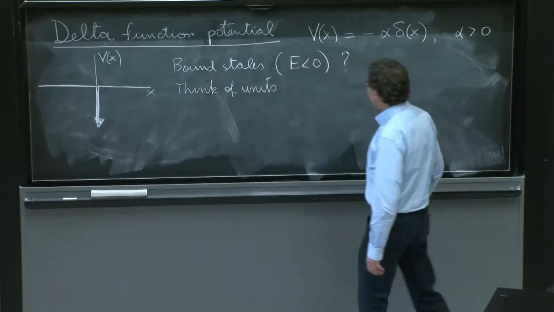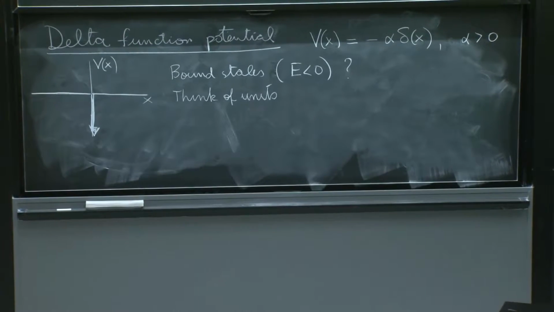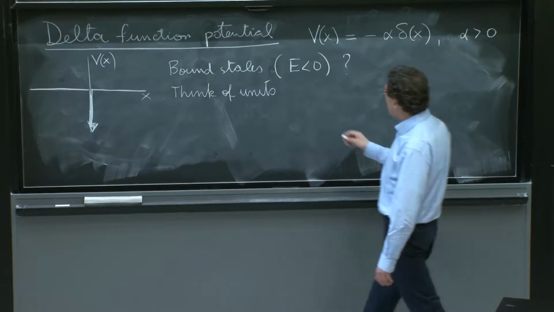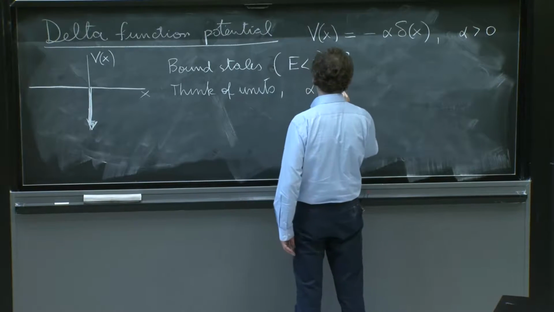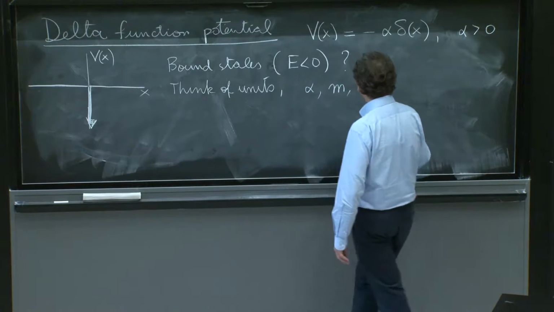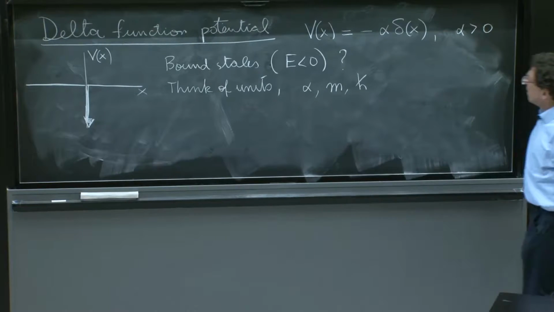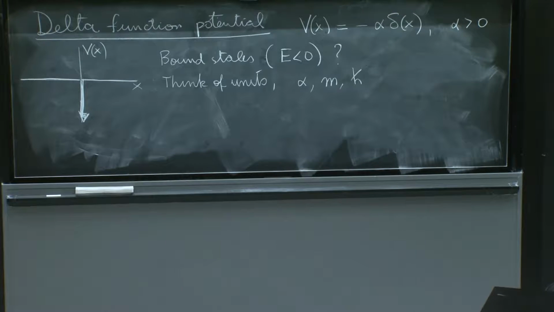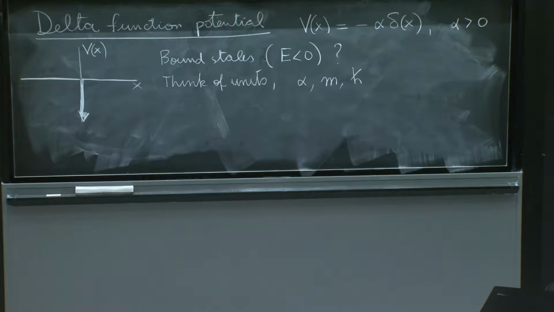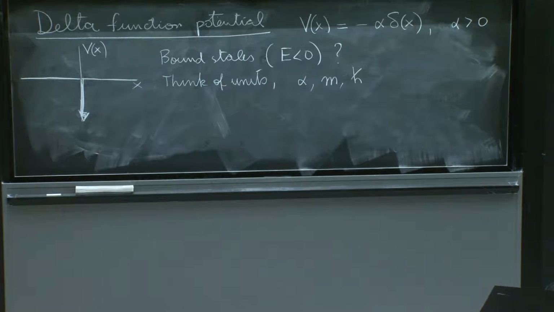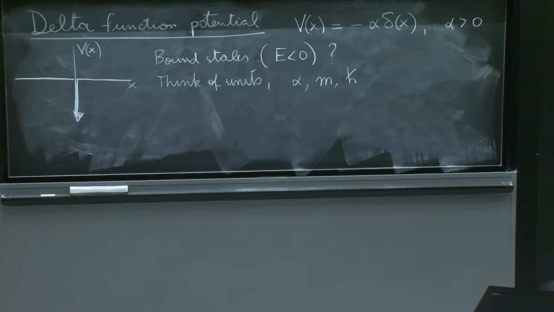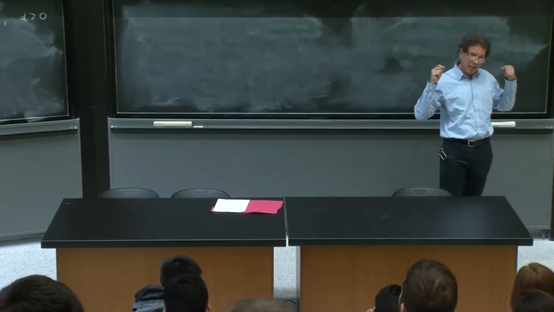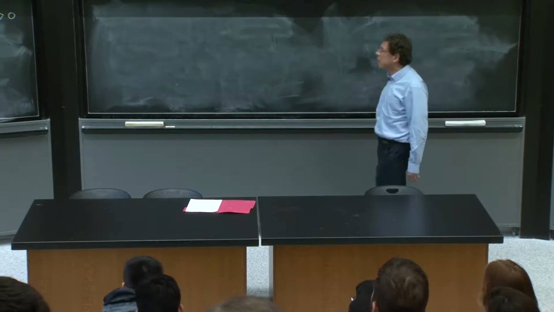And what are the constants in this problem? In this problem, we have three constants: alpha, the mass of the particle, and h bar. So with alpha, the mass of the particle, and h bar, you can ask, how do I construct a quantity with units of energy? If there's only one way to construct a quantity with units of energy, then the energy of a bound state will be proportional to that quantity, because that's the only quantity that can carry the units.